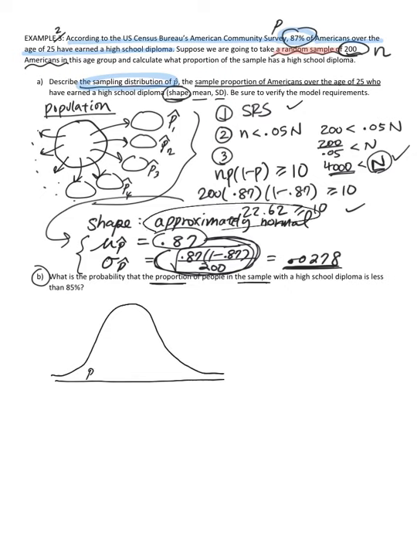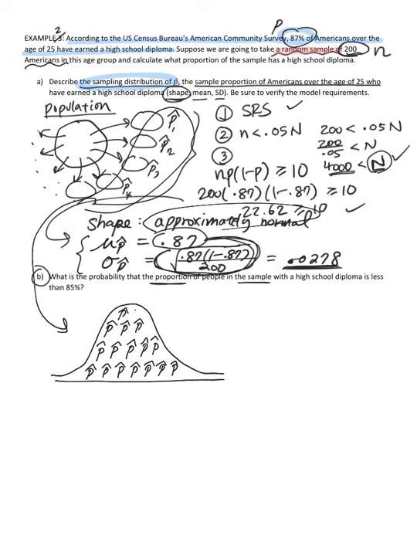We have a bunch of p hats in this distribution. Some p hats are small, some are large, some are right in the middle. The center mu is 0.87, and sigma sub p hat is about 0.0278.